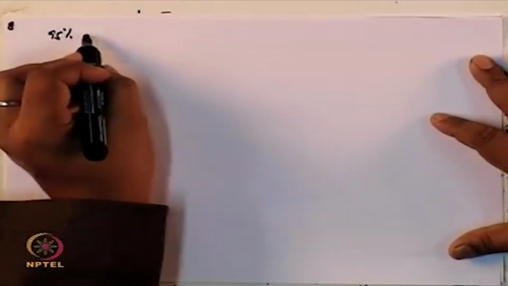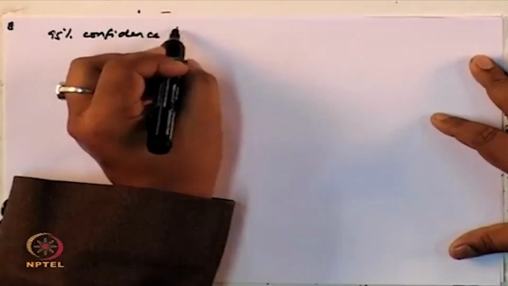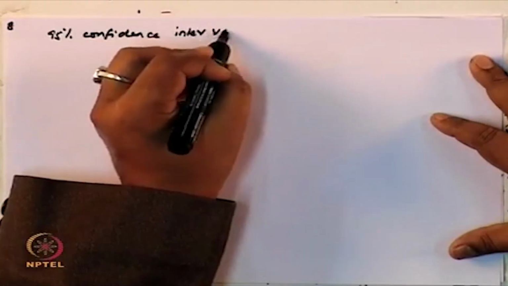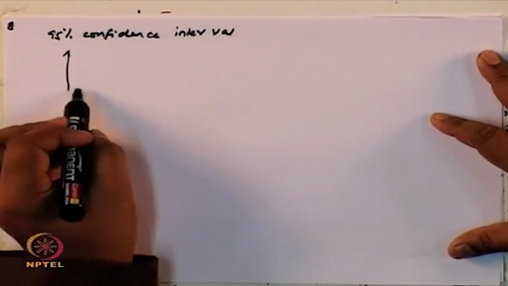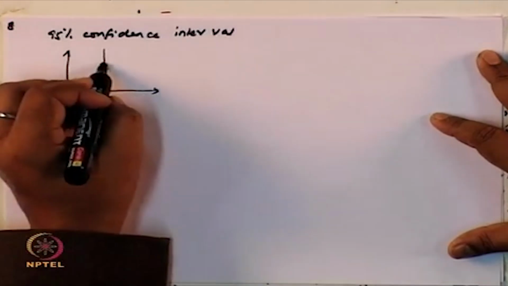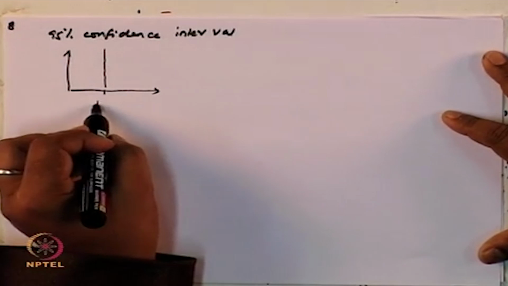Slide 8. What do we mean by saying 95% confidence? Imagine this is your true population mean.